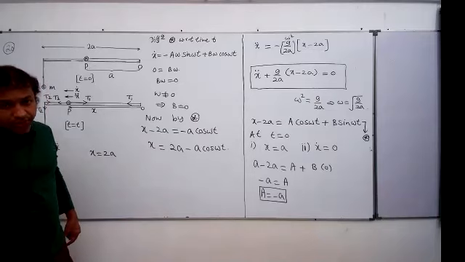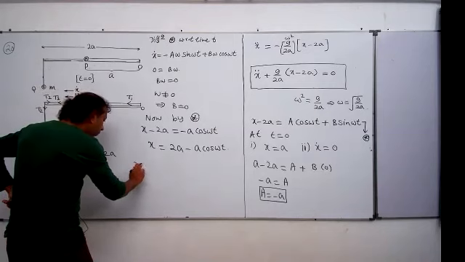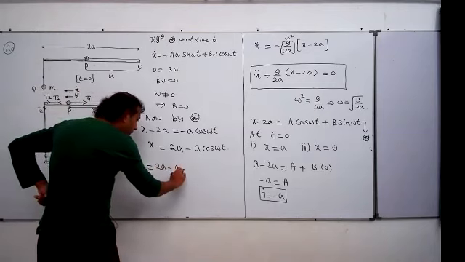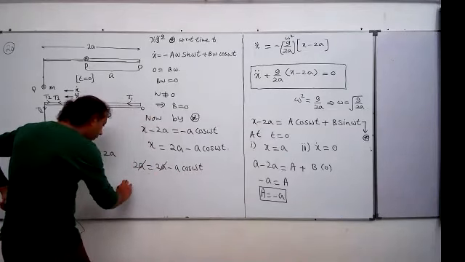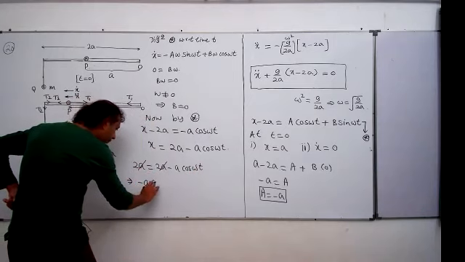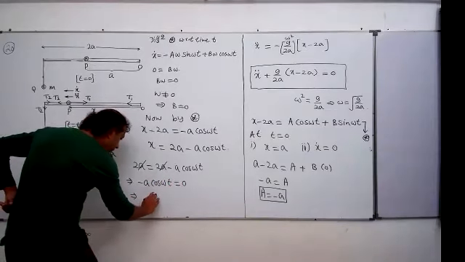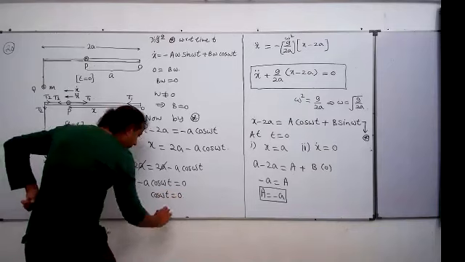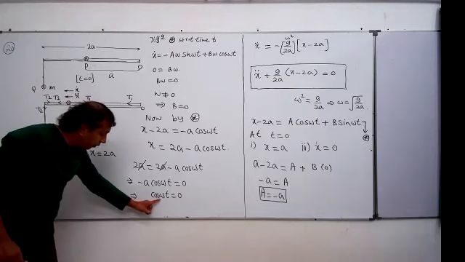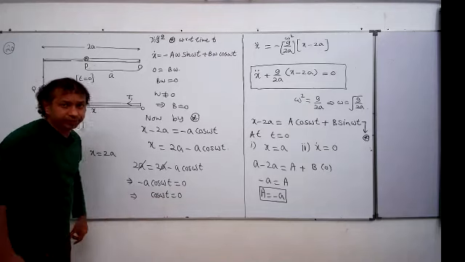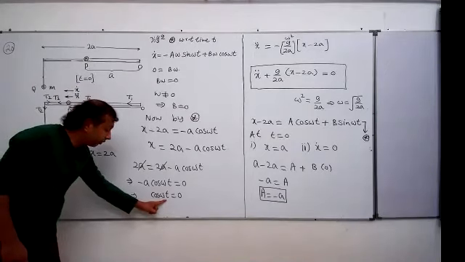What do you get there? X is 2a, so 2a equals 2a minus a cos omega t. 2a and 2a cancel, then this gives us minus a cos omega t equals 0. This implies cos omega t equals 0. This omega t should be an angle. Can you tell me for what angle this cos becomes 0?